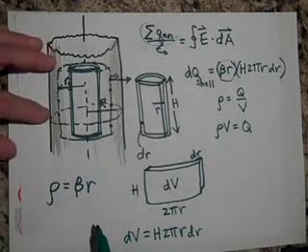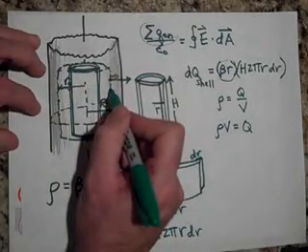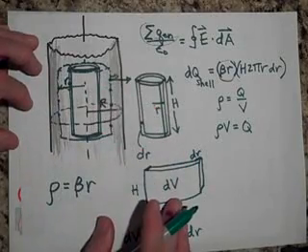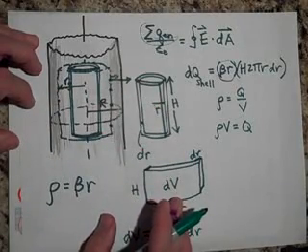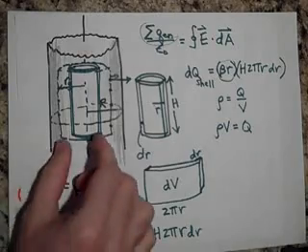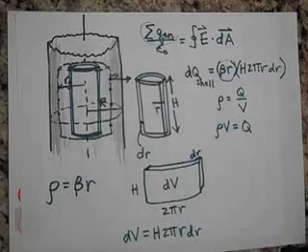The way you handle this is, if you want to know the field, say right here, you draw a Gaussian surface that goes through that point. And then to get the charge enclosed, and this is tricky, you have to add up a bunch of charges that are in cylinders as you go out.